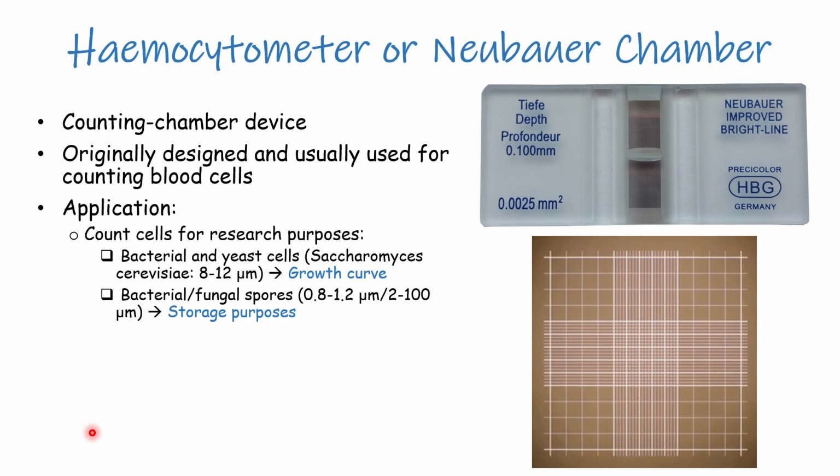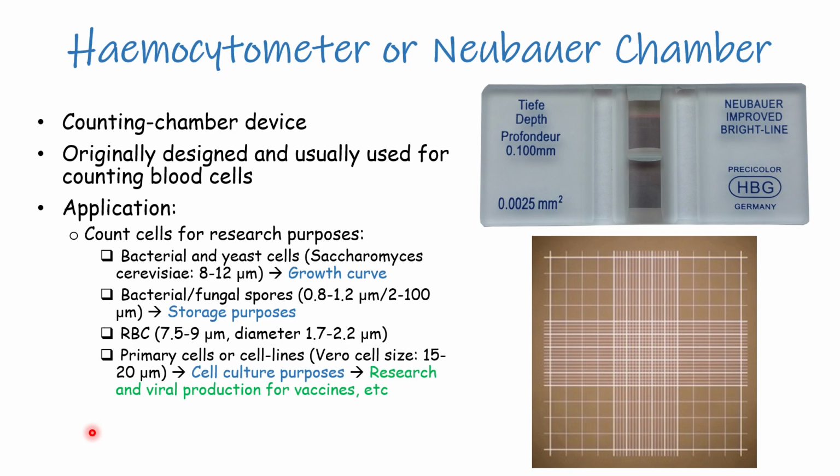Bacterial spores usually span from 0.8 to 1.2 micrometers long, while fungus spores have a longer range of size, from 2 to 100 micrometers long. And this is basically for storage purposes. We would like to know how many spores we have. And of course, the counting of red blood cells or other blood cells from blood samples.